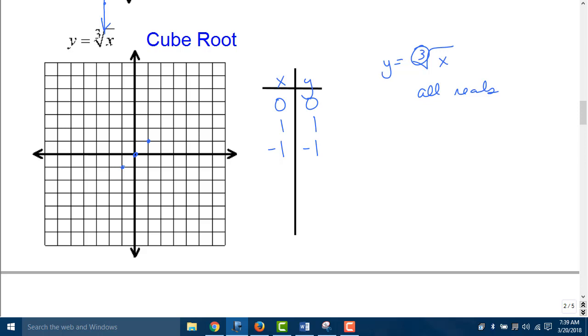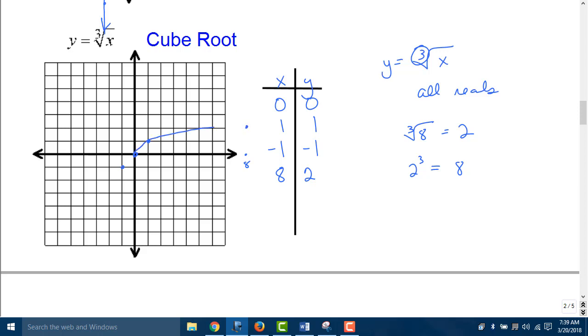But just like on the square root, I chose some easier numbers. I'm going to choose easier numbers here. The cube root of 8 is 2, because as we saw earlier, 2 cubed was 8. So if you go backwards, the cube root of 8 is 2. All right, so if I go way out here at 8, I would come up at 2.